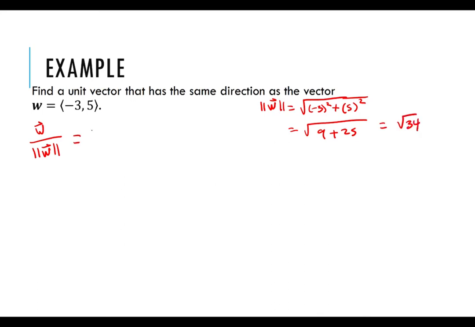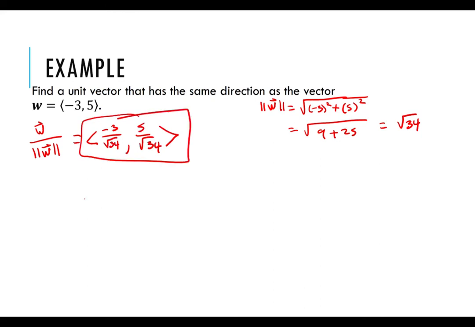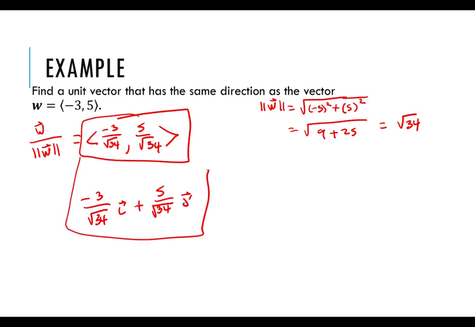Well then, if I take the components and divide them by the scalar, because that's really all we're doing, the unit vector is just negative 3 divided by root 34 and 5 divided by root 34. I claim that this is our unit vector. Now, of course, we could write it in the i and j notation if we desired. That is negative 3 divided by root 34 i hat plus 5 over root 34 j hat. And so either way of writing it, this is specifically our unit vector for w.